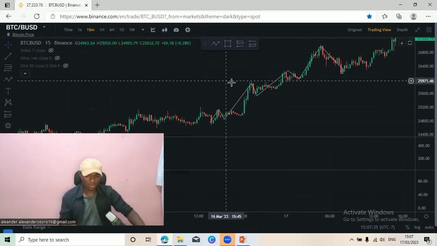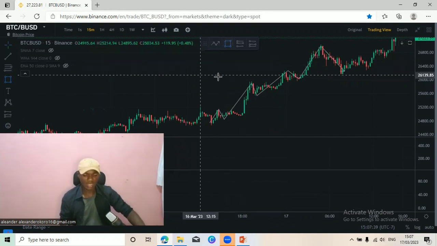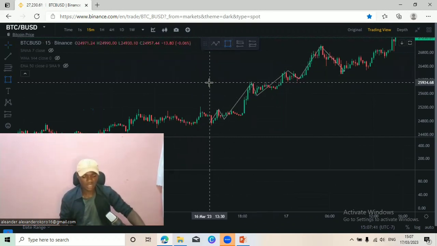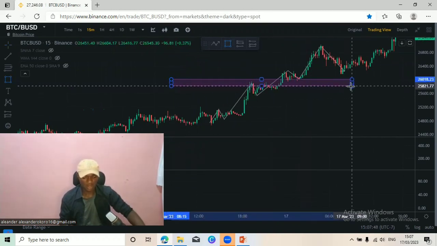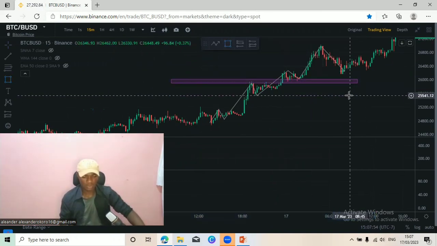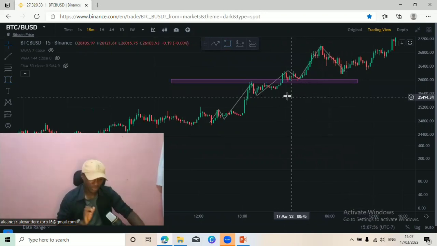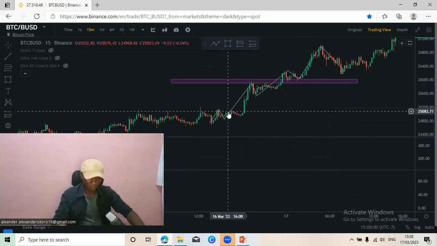Now, look at what we do. Get your tool, which is a rectangle, and then let's take this here as our resistance. Good. This is a good and perfect resistance line. All right. Now look at what the principle said.